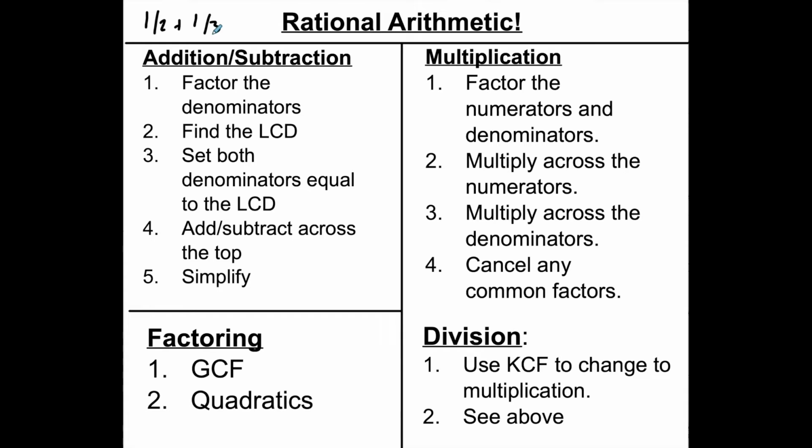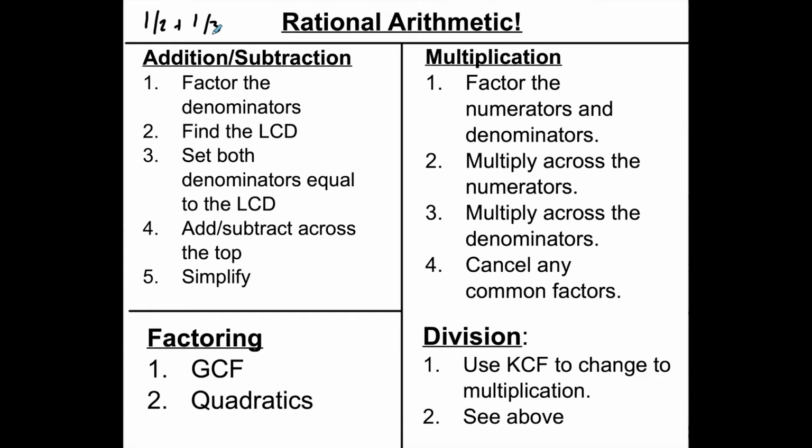So similarly, we're going to be factoring the denominators. We're going to be finding the least common denominator with the factored denominators. We're going to be setting both denominators equal to the least common denominator by multiplying by the same thing on the top and the bottom. And then we're going to either add or subtract across the top, depending on if we're doing addition or subtraction.